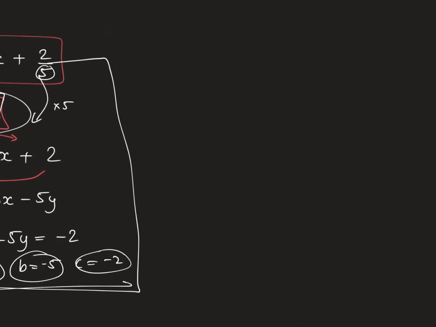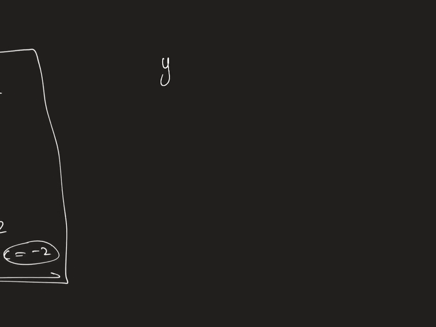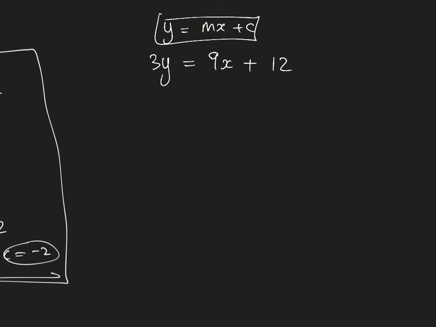Now, talking of different forms, occasionally you might get questions where they say 3y is equal to 9x plus 12 or something like that, and they want you to actually plot this graph. Now remember, you need to put it in the form y equals mx plus c before you can plot it. So the best advice here is just divide everything by 3.